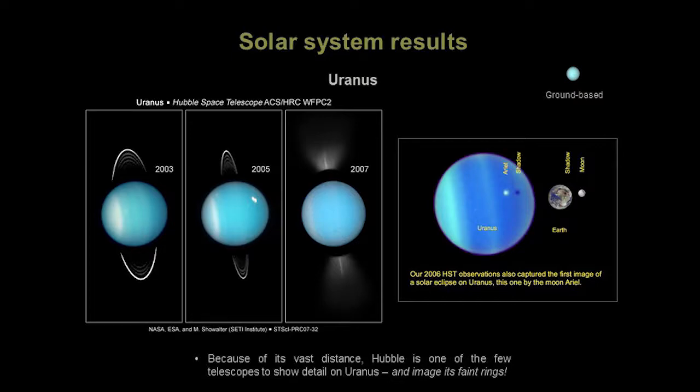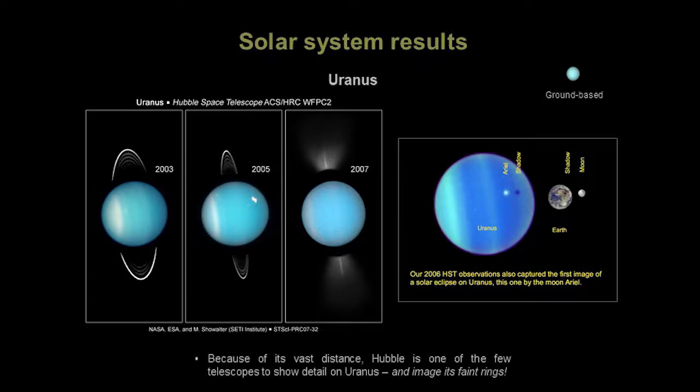We don't normally see them unless we have Hubble. And so you see a spectacular view here of the rings and their orientation changing. As we move into 2007, you see them appear almost edge-on. The image had to be specially processed, but Hubble was up to the task to pick out the faint remaining bit of light there from those rings.